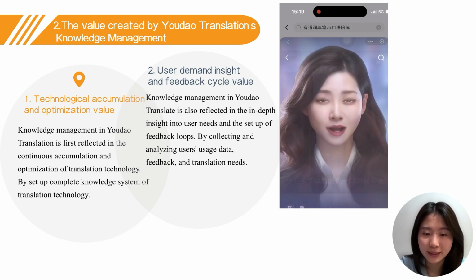Knowledge management in Youdao Translate is also reflected in the in-depth insights into user needs and the establishment of feedback loops. By collecting and analyzing users' usage data, feedback, and translation needs, Youdao can accurately grasp demand curves, market dynamics, and user preferences, adjust product suggestions, and optimize translation quality.